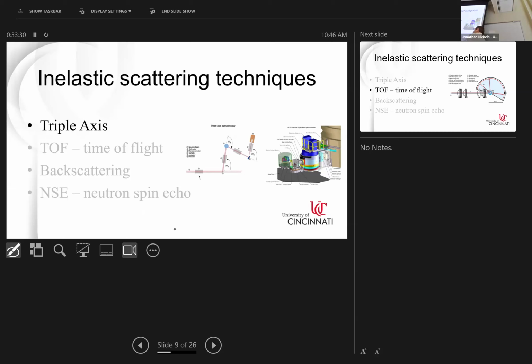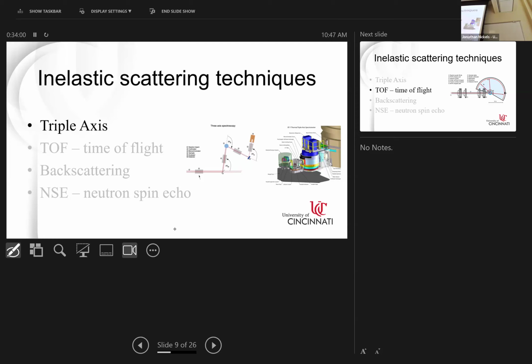So let's start with, we'll have 4 techniques we talk through in some detail. Not that much detail, but we'll start with the classic, the Brockhouse triple axis. In this experiment, you're bringing in a monochromatic neutron beam. You're going to use some kind of analyzer or selector crystal that is going to reflect off only a specific wavelength.